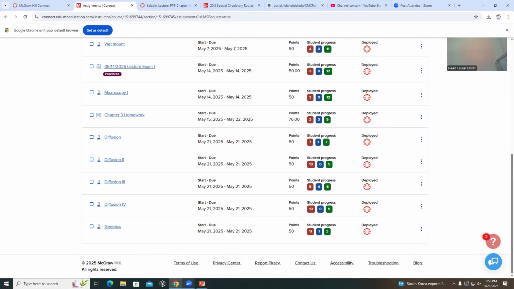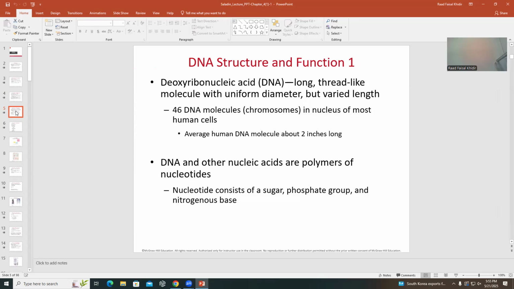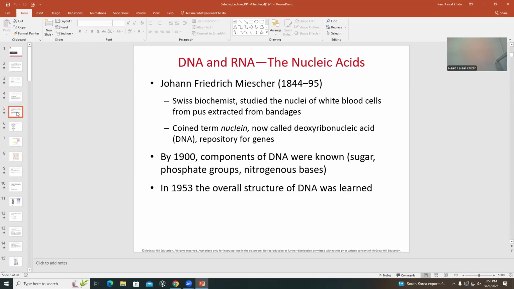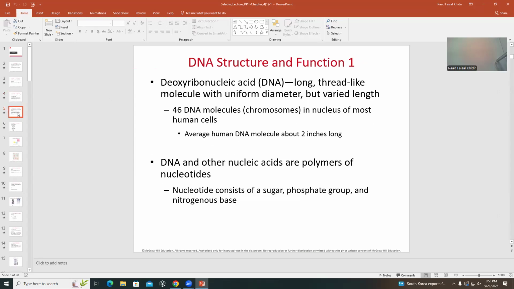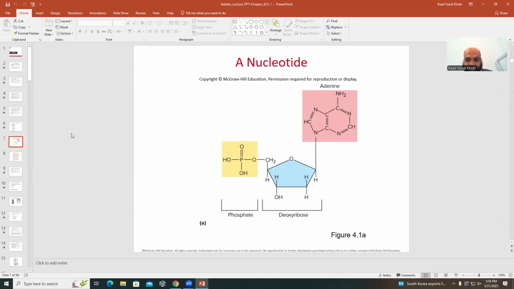So now let's go back to the important lecture. What does DNA stand for? DNA stands for deoxyribonucleic acid. When we look at the structure of the DNA, this is the nucleotide.